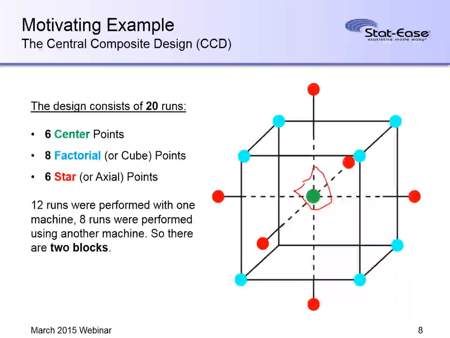And finally, there are these red points which actually extend outside of this edge of the cube, which are called the star or axial points, and help determine if there's curvature, and also to give some information about the process outside of the design space.